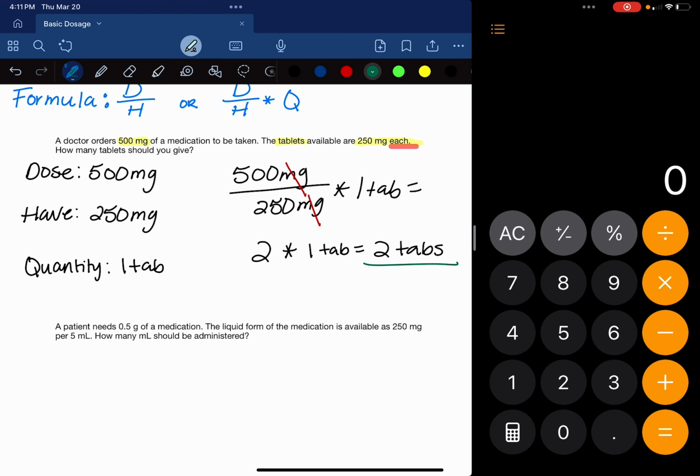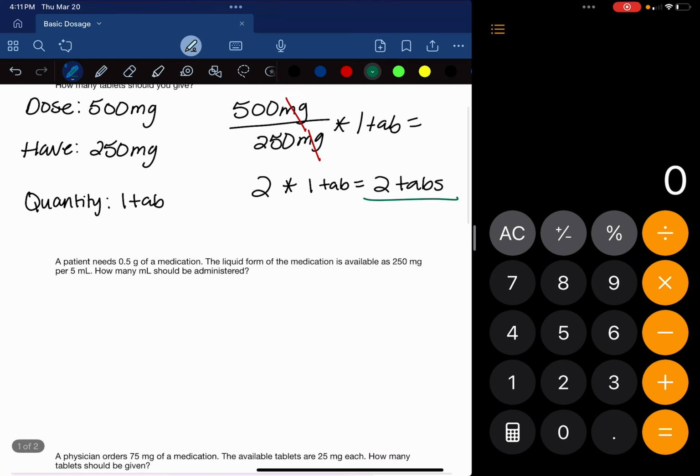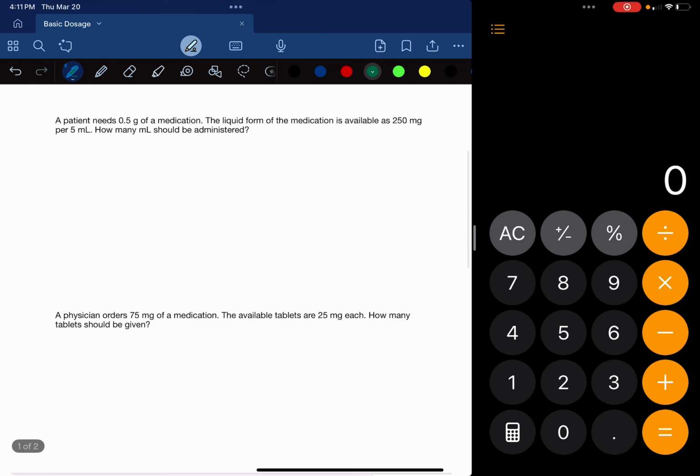All right. So the next question. The next question asks how many milliliters should be administered? So let's read the question. A patient needs 0.5 grams of medication.